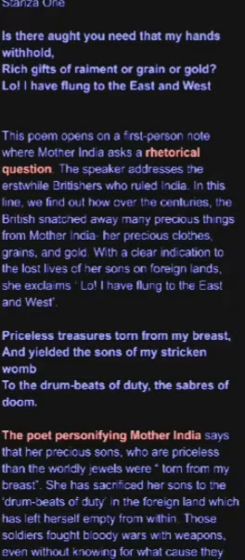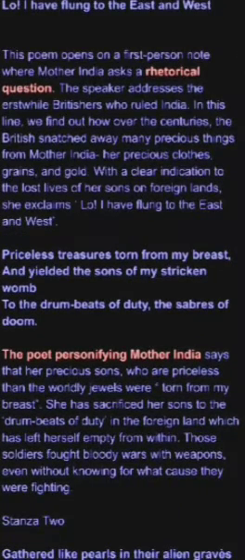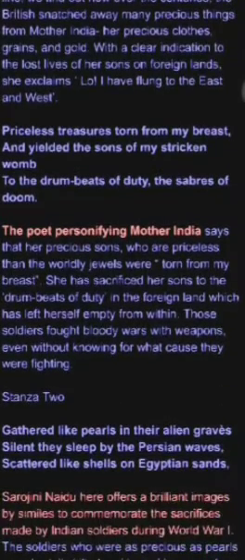In these lines, we find that over the centuries the British snatched away the precious things from Mother India, her precious clothes, grains, gold, all these things they looted and plundered. With a clear indication of the lost lives of her sons on foreign lands, Mother India exclaims, "Lo, I have flung to the east and west," all sides. Throughout the world, Mother India has been looted.